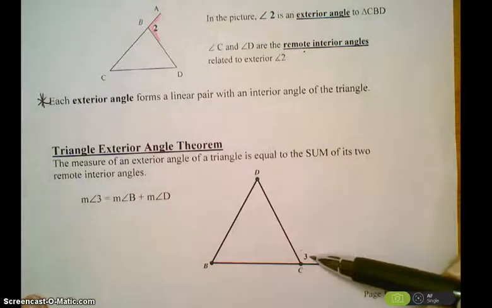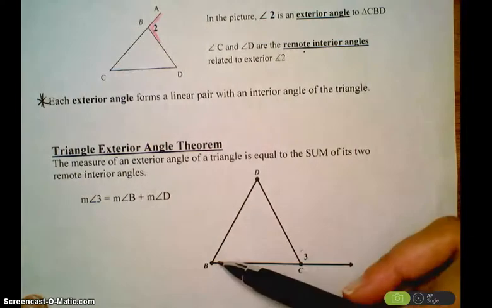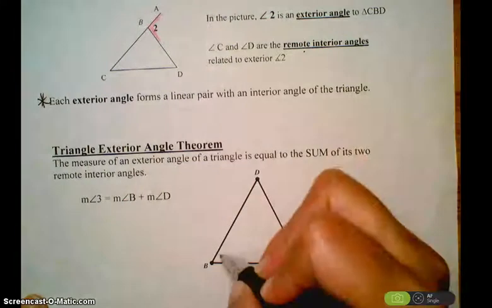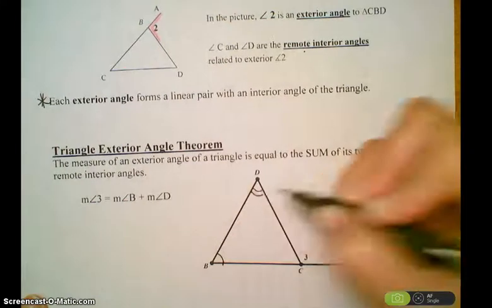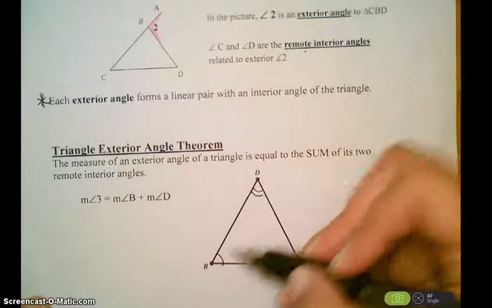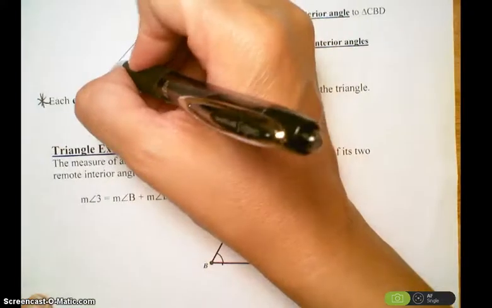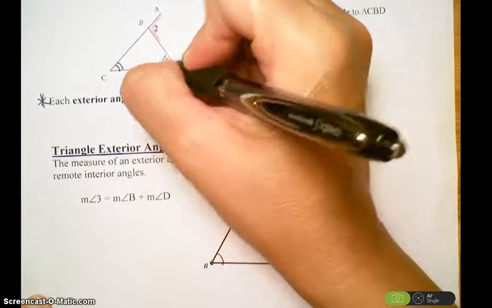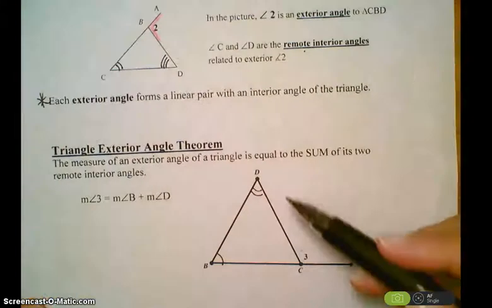So angle 3 in this picture is equal to angle B plus angle D. And we'll go ahead and just put a couple marks on there. They're not congruent. I didn't mark them as such, but we know those are the important angles to us. So we want to mark them so we know that they're the important ones.